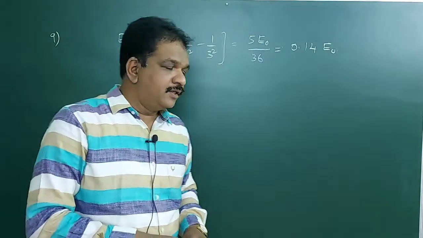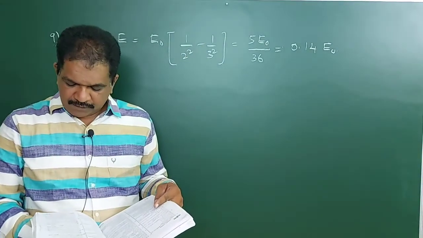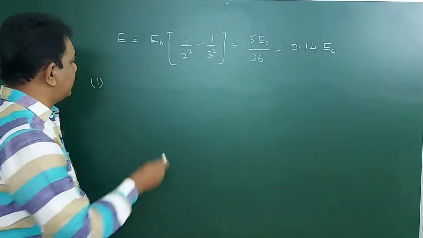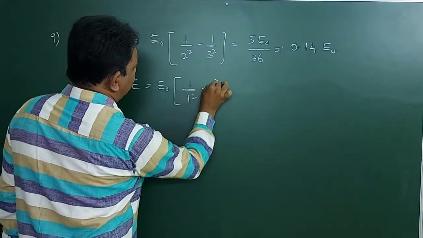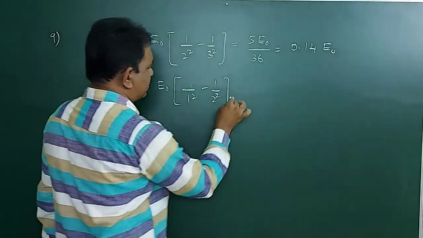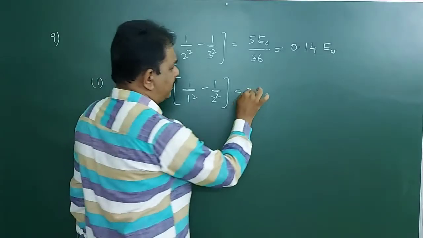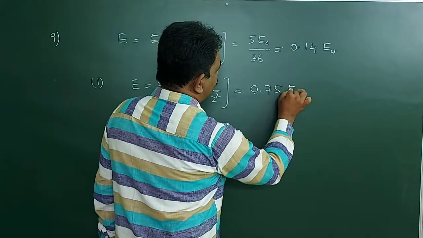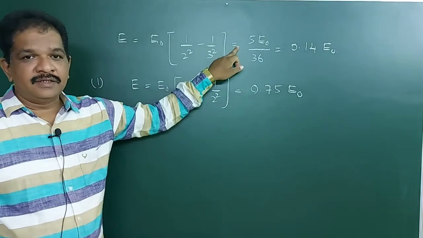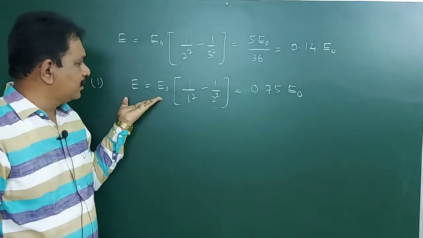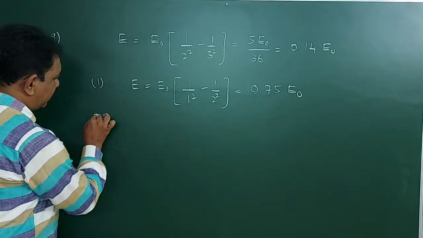Now when the electron jumps from the second state to the first state, E is equal to E₀ into (1/1² minus 1/n²), where n is 2. So 1 minus 1/4 will be 3/4, which is 0.75E₀. This energy will be greater than this energy, so definitely this energy can also produce the photoelectric effect.